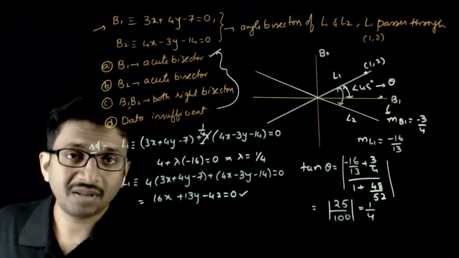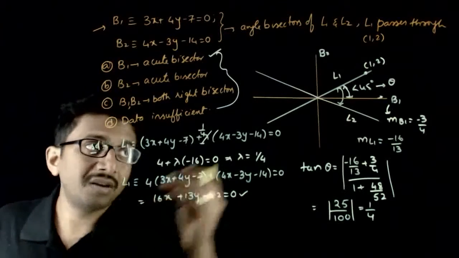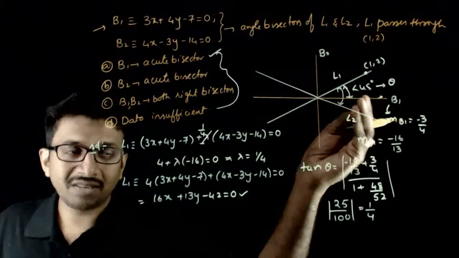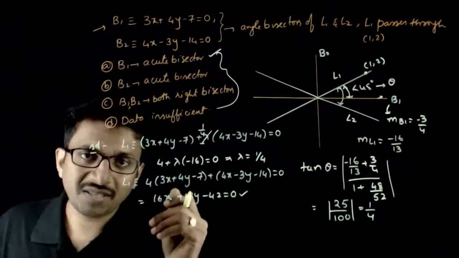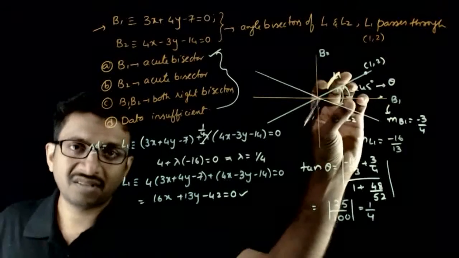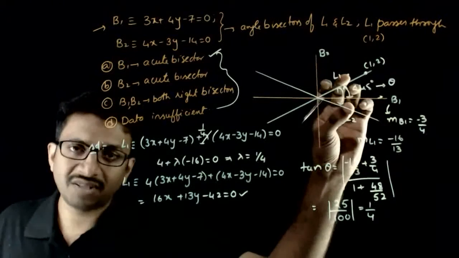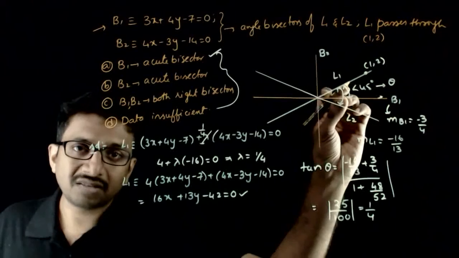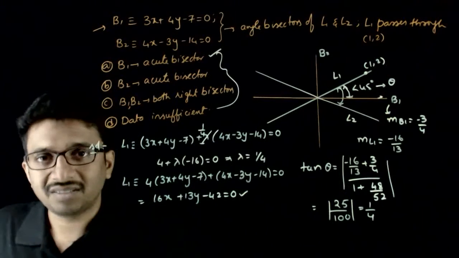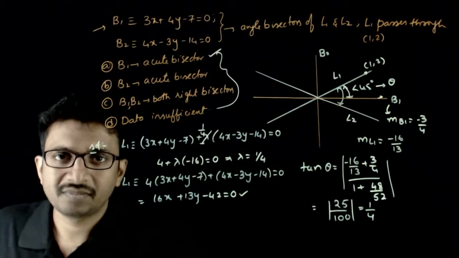From the next time, look at this process. If you want to decide whether a particular angle bisector is an acute angle bisector or an obtuse angle bisector, you just need to find the angle between the bisector and one of these lines. If magnitude wise you get tan theta less than 1, then that angle bisector is the acute angle bisector. Thank you.